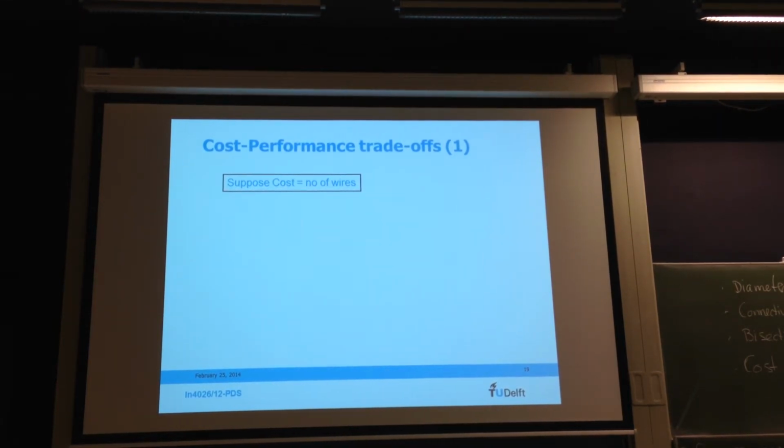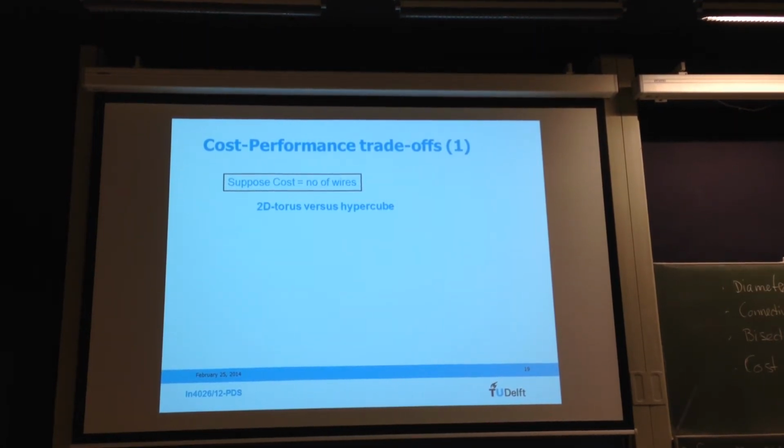Well, suppose our cost is the number of wires, right? So this is our criterion. If I buy a machine, then I can calculate that it's approximately proportional to the number of wires I have to install, but I'm not sure about the interconnection structure yet.